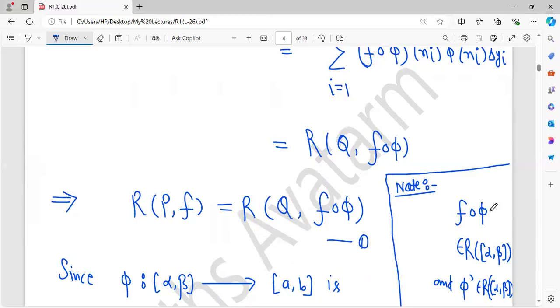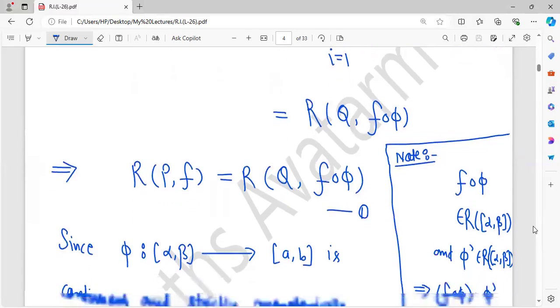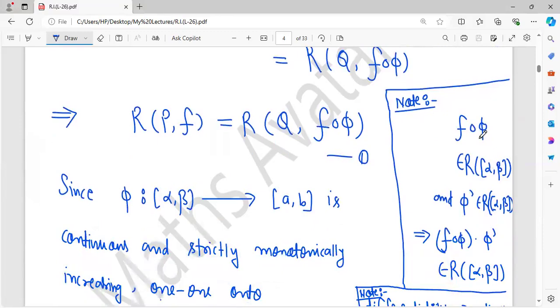So we are making compositions from uniformly continuous functions, and that is why it is Riemann integrable. Here you can check it. Here the derivative function is also Riemann integrable, so their product will be Riemann integrable. So this is the Riemann sum of f composed φ.